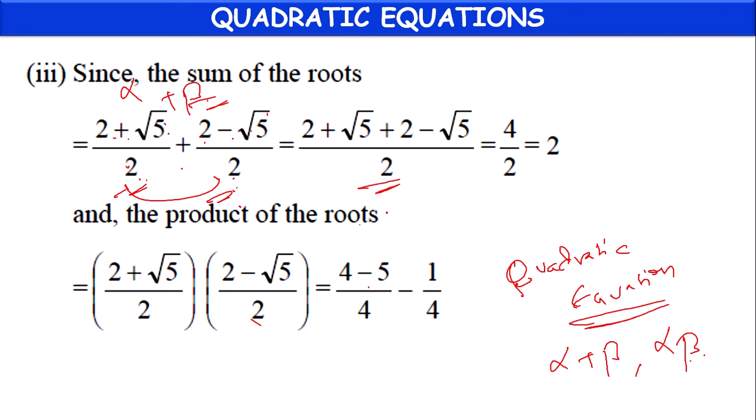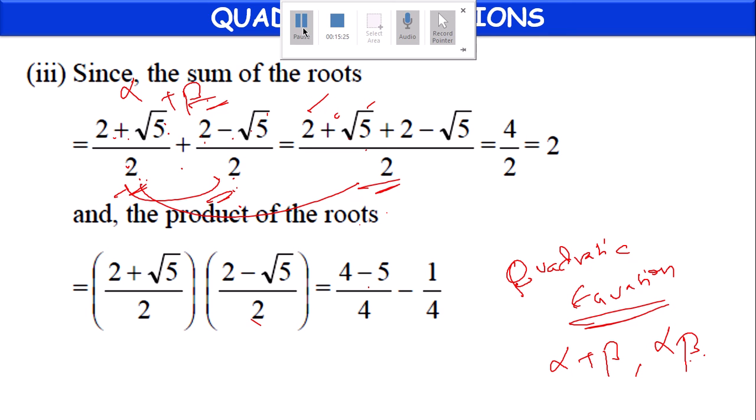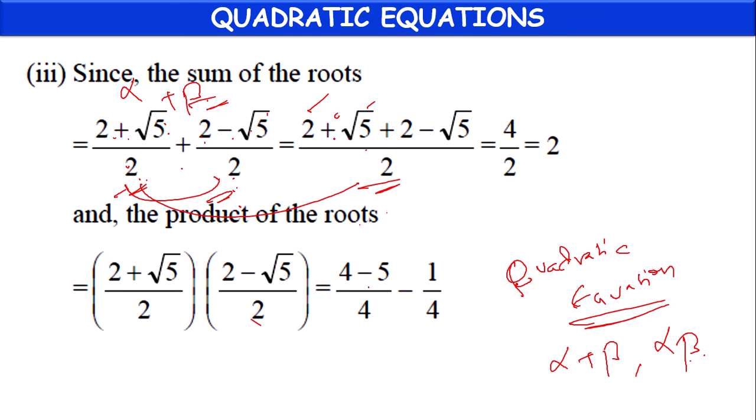LCM will be 2. 2, 1 is 2. 1 into numerator, same numerator will come. Again, 2 into 1 equal to 2. 1 into 2 numerator, same numerator will come here also. Here root 5 minus root 5 gets cancelled. 2 plus 2 equal to 4 by 2, which is equal to 2. So the sum of the roots, alpha plus beta value, we have got 2.